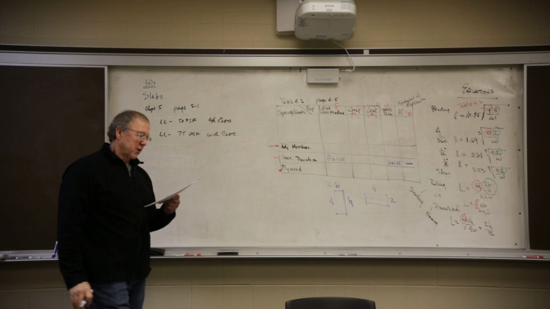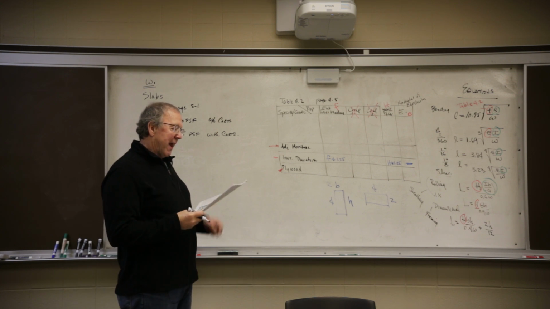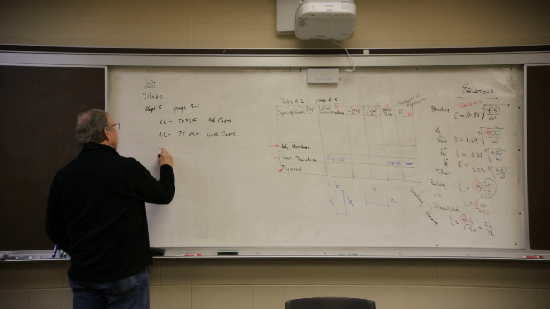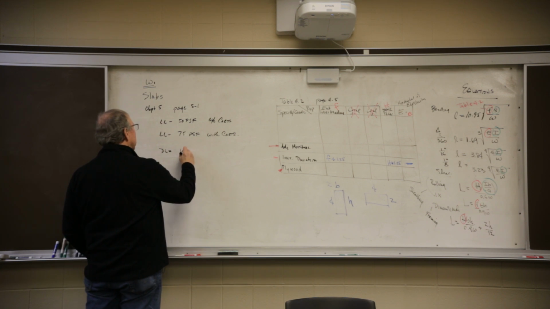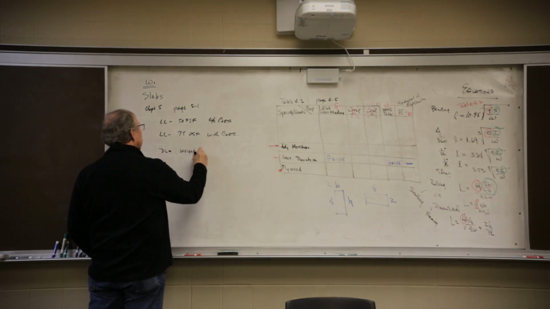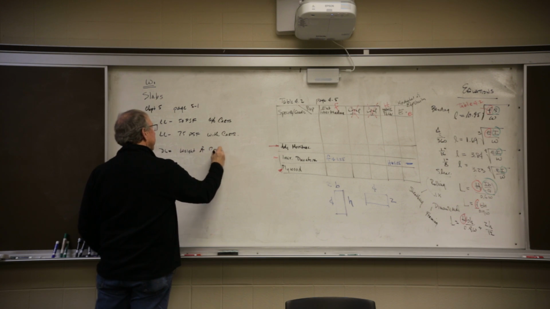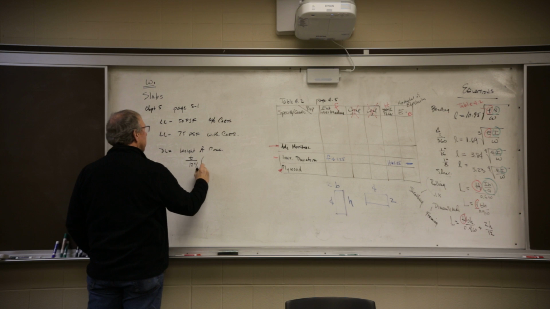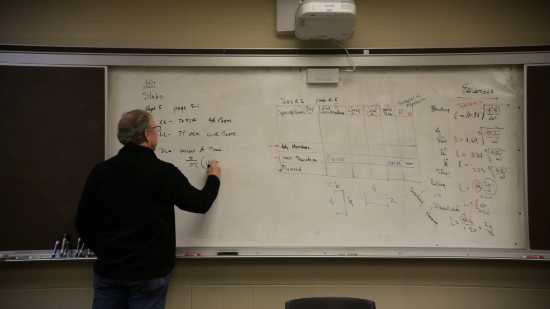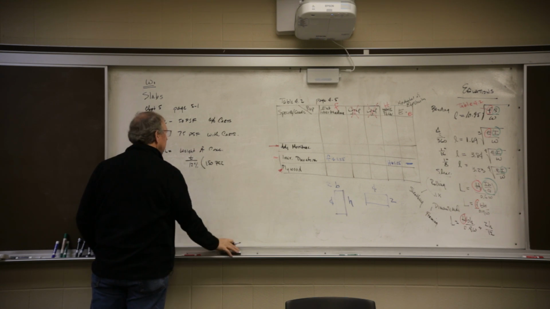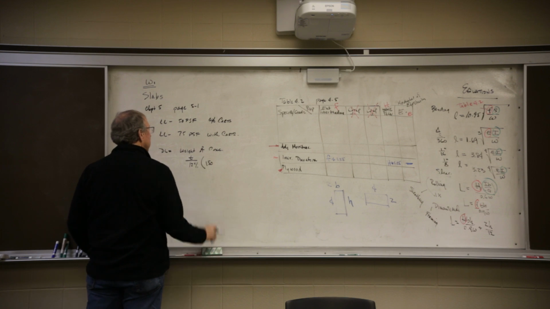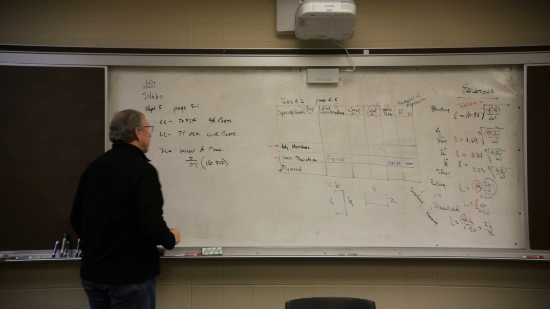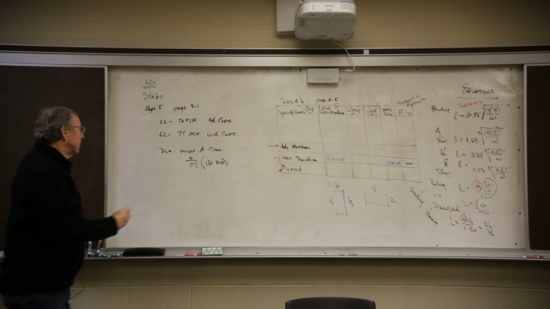Okay? So, now, in addition to that, we have the dead load of the material. So the dead load is going to be the weight of concrete. And that's T over 12 inches per foot times 150 pounds per cubic foot. Now, they also have minimums.